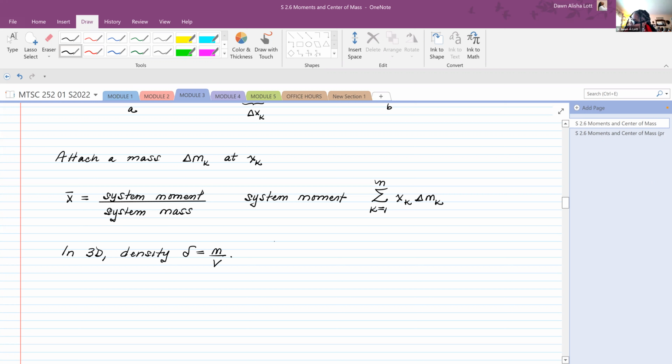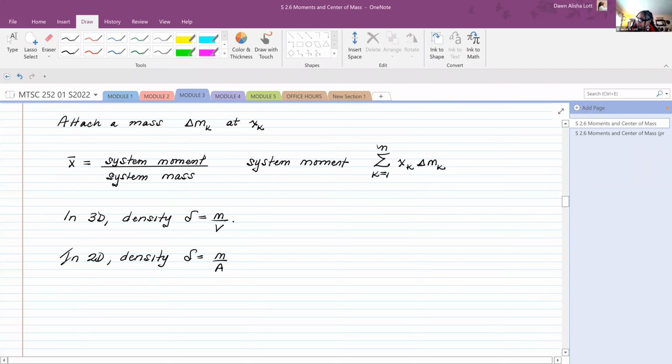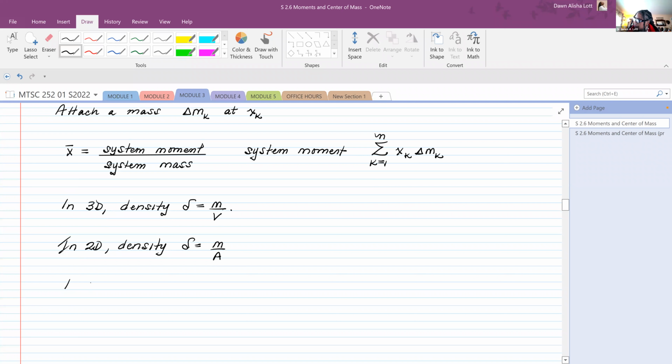In 2D, density is mass per unit area, but we're in 1D. Our density is going to be mass per unit length. Okay.